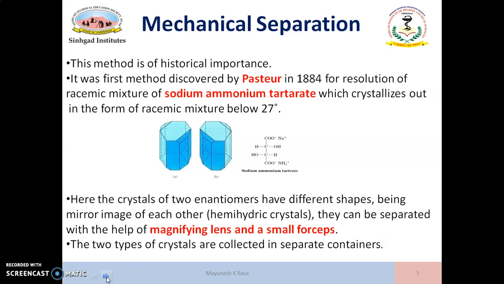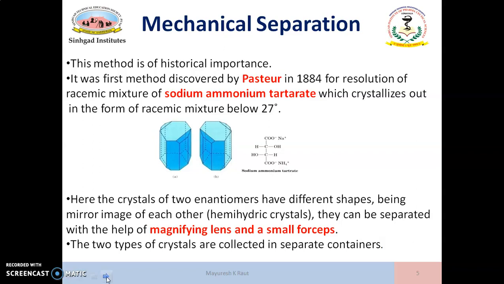First method, that is mechanical separation. This method is of historical importance as it was first discovered by Pasteur in 1884. In this method, we are using magnifying lens and small forceps.